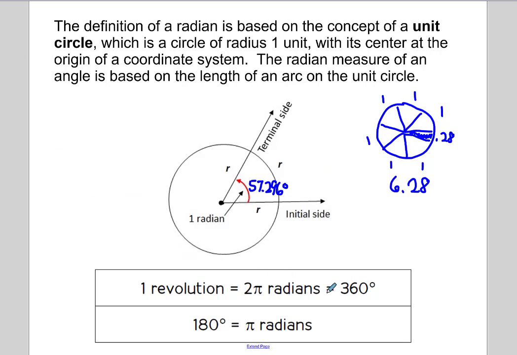So 1 revolution is 2 pi radians, which is 360 degrees, and 180 degrees is 1 pi radians, that's halfway across the circle. That's 180 degrees.